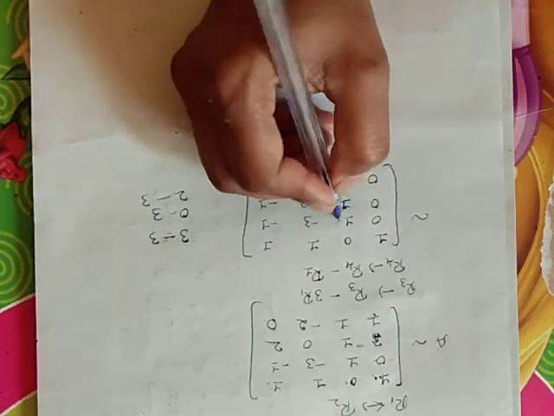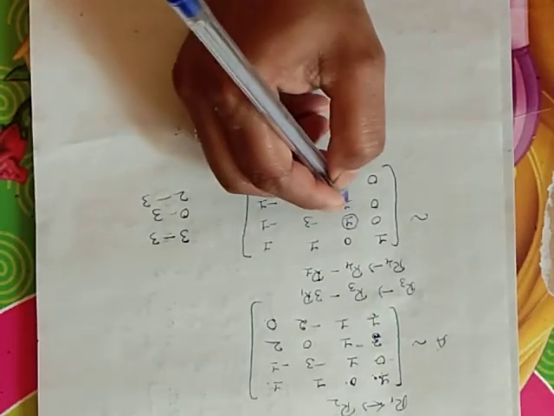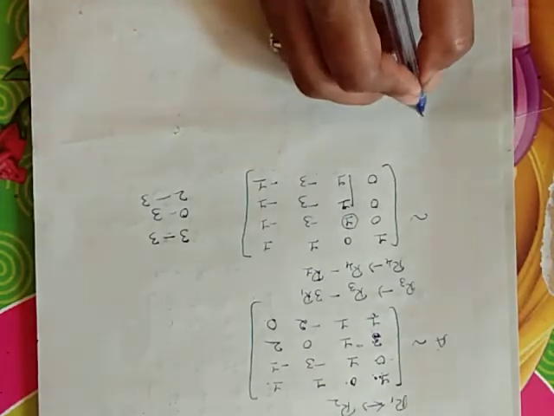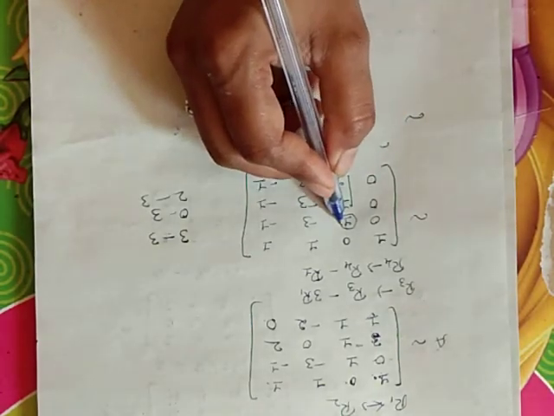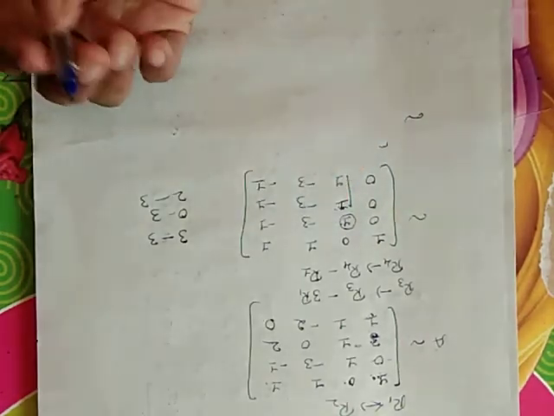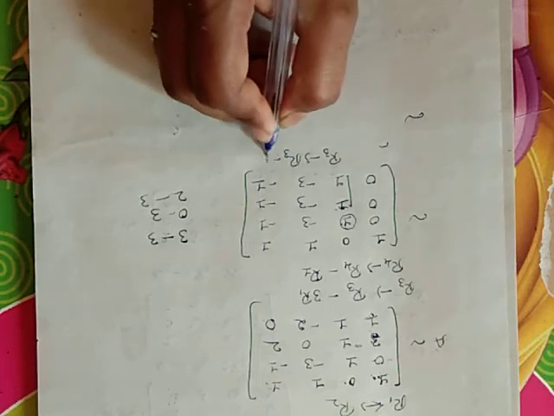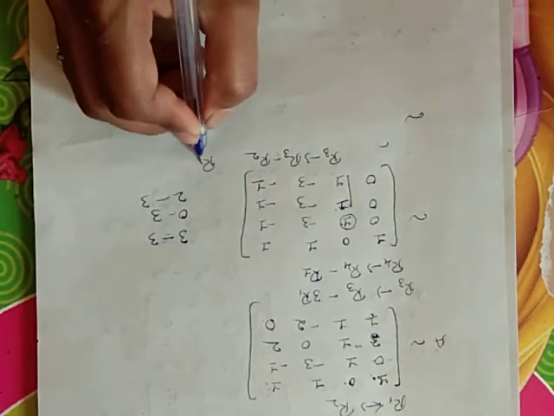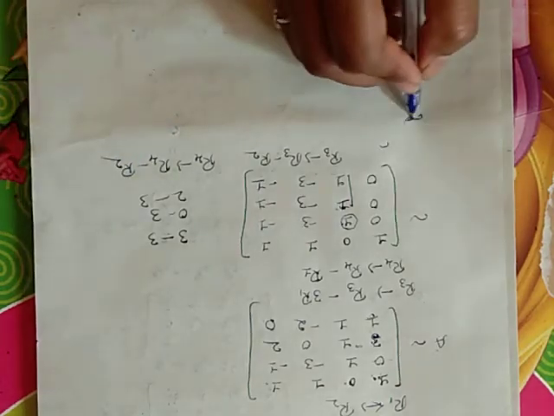Now using the second row second element as the leading term, make the elements below it in that column 0. So make these two terms 0 using this leading term. We have to use the transformation R3 tends to R3 minus R2, R4 tends to R4 minus R2.